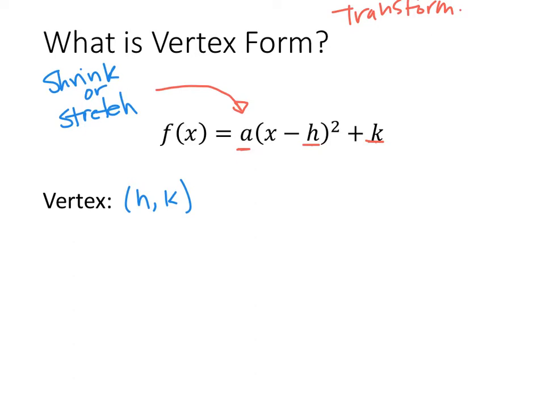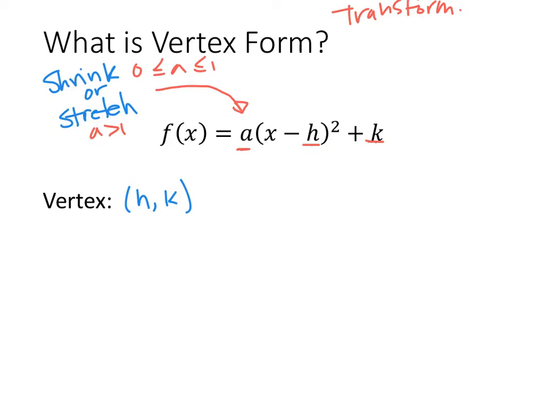And when I say shrink or stretch, we'll talk about those later, but it allows me to make my graph either wider or smaller. So we shrink when a is between 0 and 1. That's when it will shrink, and it stretches when a is greater than 1. So the idea there is that we either have 1 or something that's a decimal or a fraction that's less than 1, and then we have something that's greater than 1 to multiply it by something.